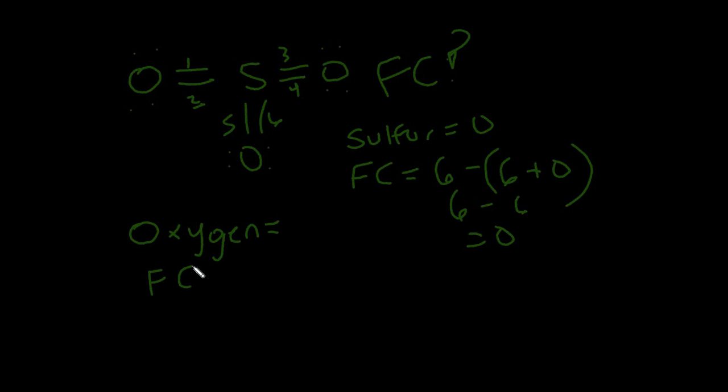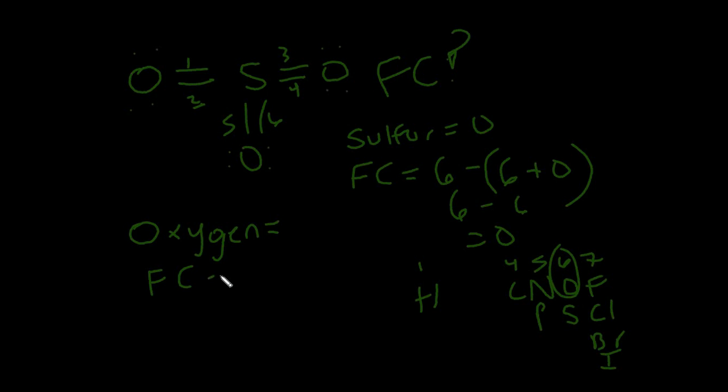If we did our periodic table again, CNOF, 4, 5, 6, and 7. And under nitrogen, phosphorus. Under oxygen is sulfur, Cl, Br, and I for iodine. So oxygen has 6 valence electrons.